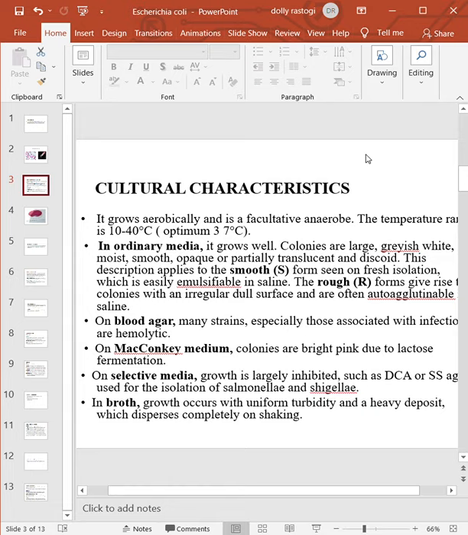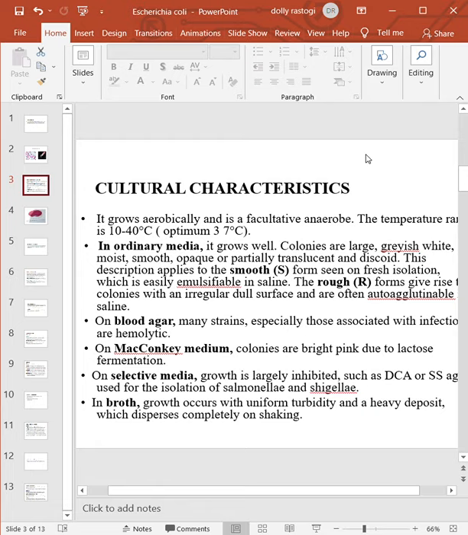The smooth forms, which are called the S forms, are seen on fresh isolation and they are easily emulsifiable in saline. The rough forms give an appearance of an irregular dull surface.